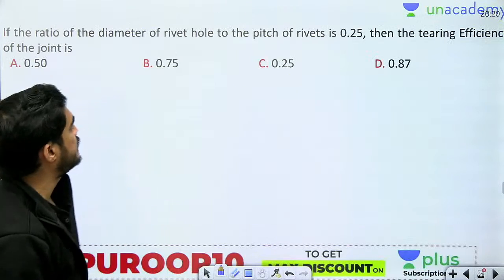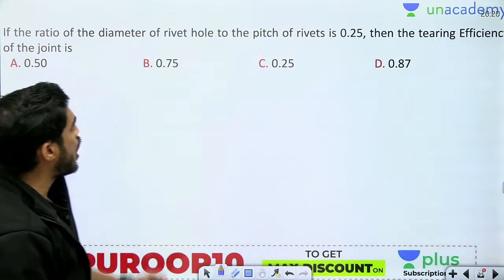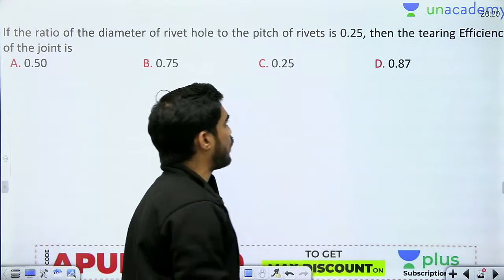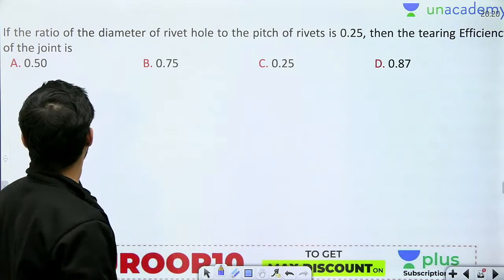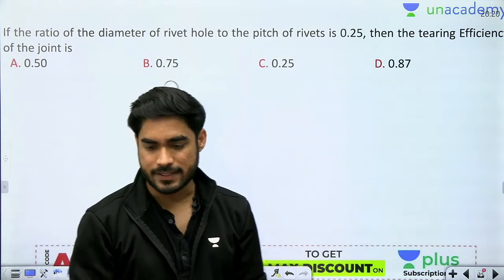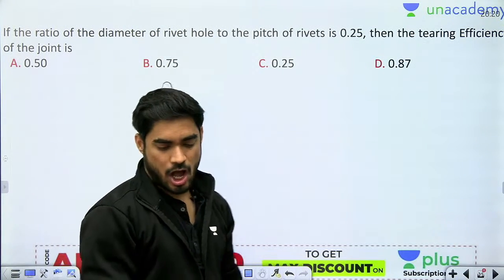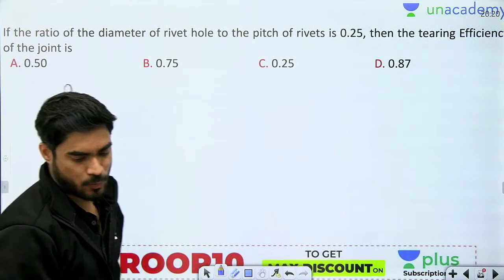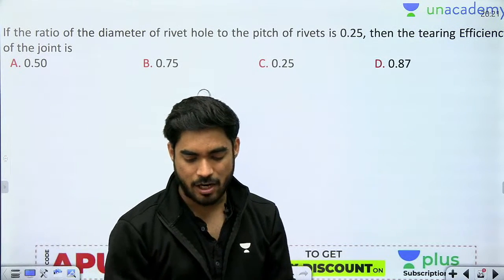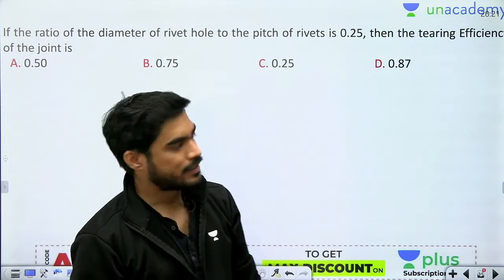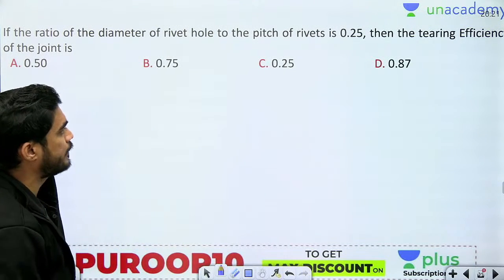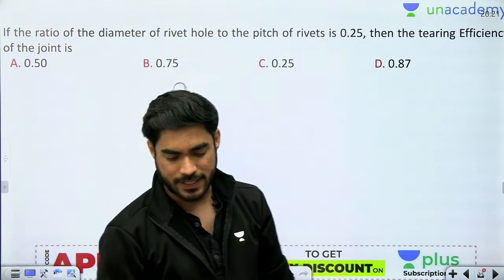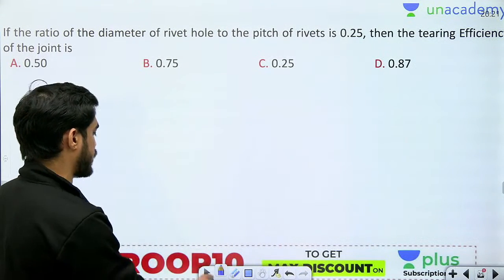Next question is, if the ratio of diameter of hole to the pitch of rivet is 0.25, then the tearing efficiency of the joint is. अगर diameter of hole और pitch of rivet के बीच में ratio 0.25 है, then tearing efficiency is, what is tearing efficiency?